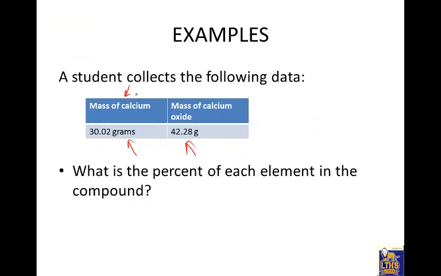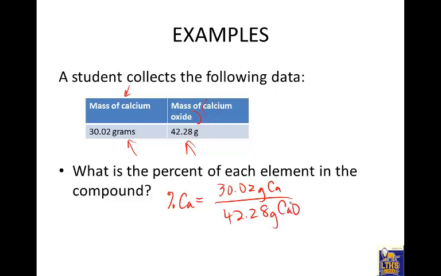Well, here's calcium oxide. So this is the part, percent calcium is the part, 30.02 grams of calcium over the total, 42.28 grams of calcium oxide, which I know the chemical formula of, and I find out that you get 71.00% of calcium in that compound. So you might be saying, how can I figure out the percent of oxygen when I don't know grams of O?